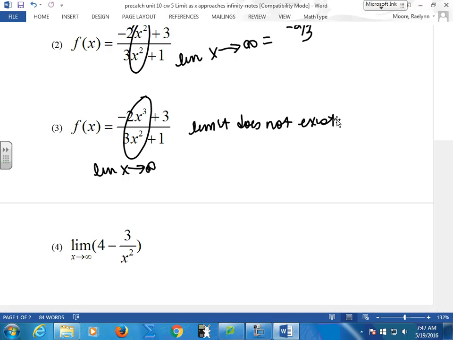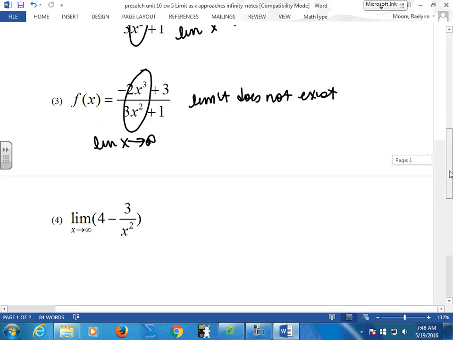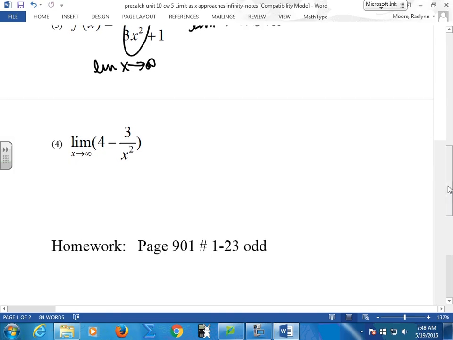And doesn't that make sense that a horizontal asymptote guides the end behavior, which tells us what value you would approach if you ever could touch it? Now this last one I put here because, I don't know if you remember, you have to convert this to one term before you can check where your variables are. So if we convert this over x squared, I multiply numerator and denominator by x squared, and now I can see where my pieces are.